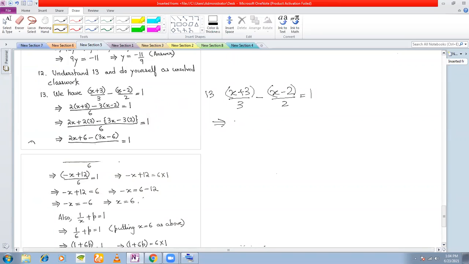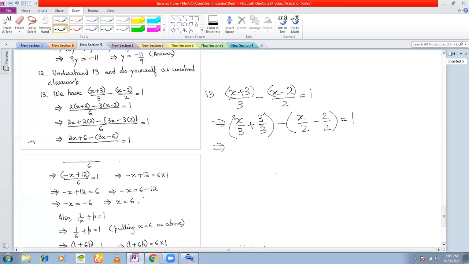So now (x + 3)/3 can be written as x/3 plus 3/3, right? You know division, how you divide a polynomial by a monomial. So keep within brackets minus x/2 minus 2/2 is equal to 1.